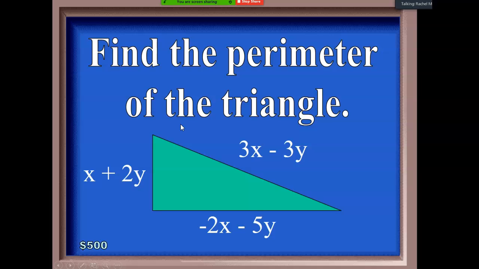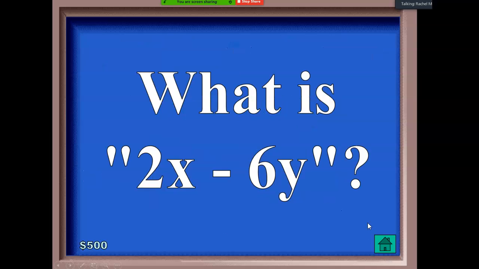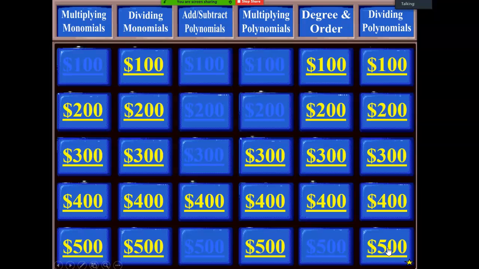Okay, so row 1 with the 500 points. You added up all the x's. 3 plus 1 is 4. 4 minus 2 is 2. Negative 8 plus 2 gave negative 6. So what is 2x minus 6y? Category and points, Kayla.